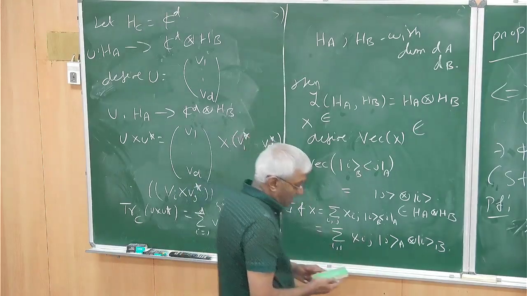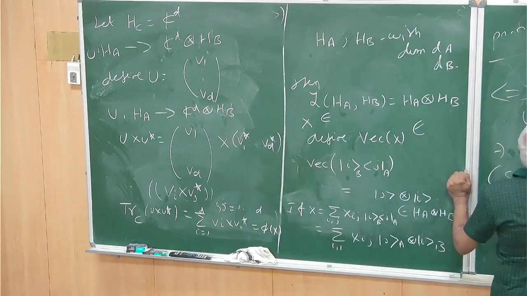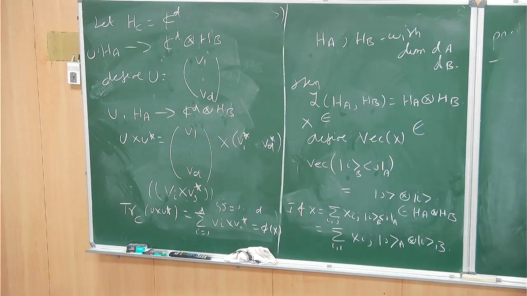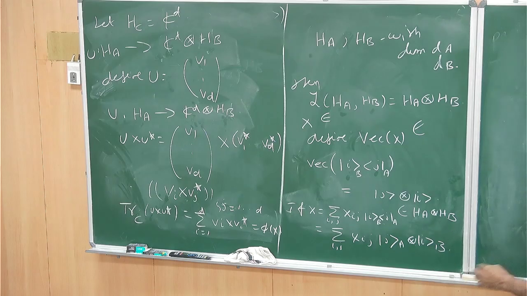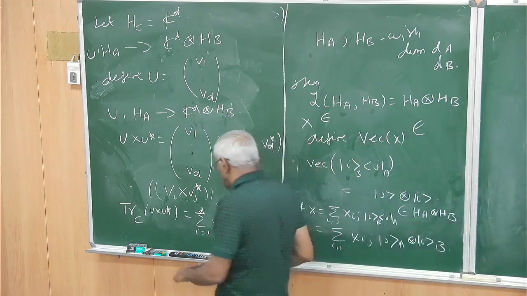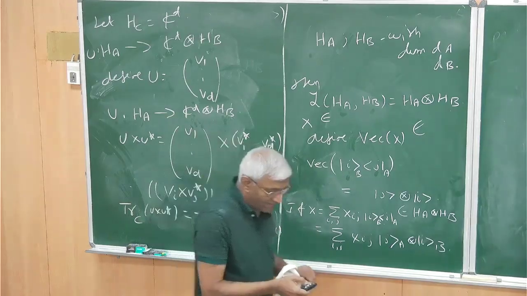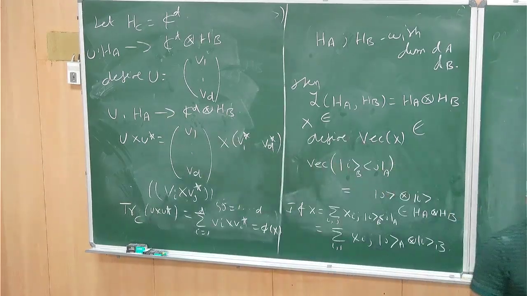This can be written in a slightly different form, which will be useful. I haven't defined entanglement. I will define it in the next class. For some reason, which will be clear in the next class, we call the following vector a maximally entangled vector.